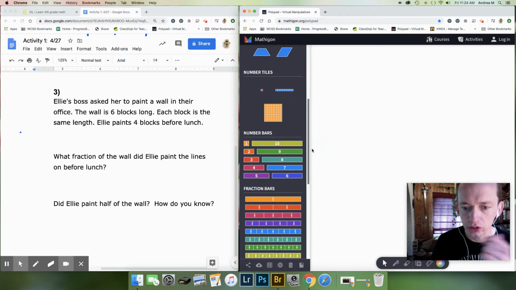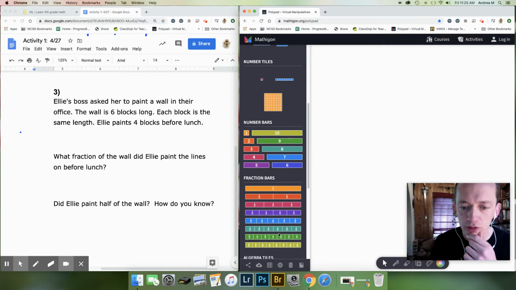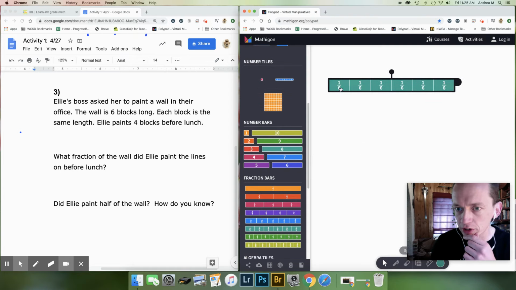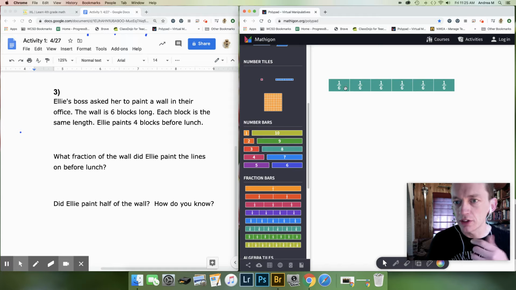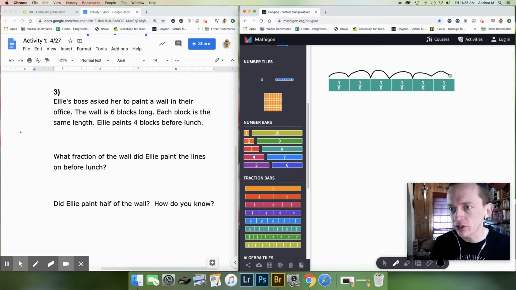All right, so here's what I want to do. Just for the sake of time, I want to pull this up as our model because this model here shows the wall, right? If she paints 1, 2, 3, 4, 5, 6, she has painted the entire wall, all right? So we can use this model right here for this problem.